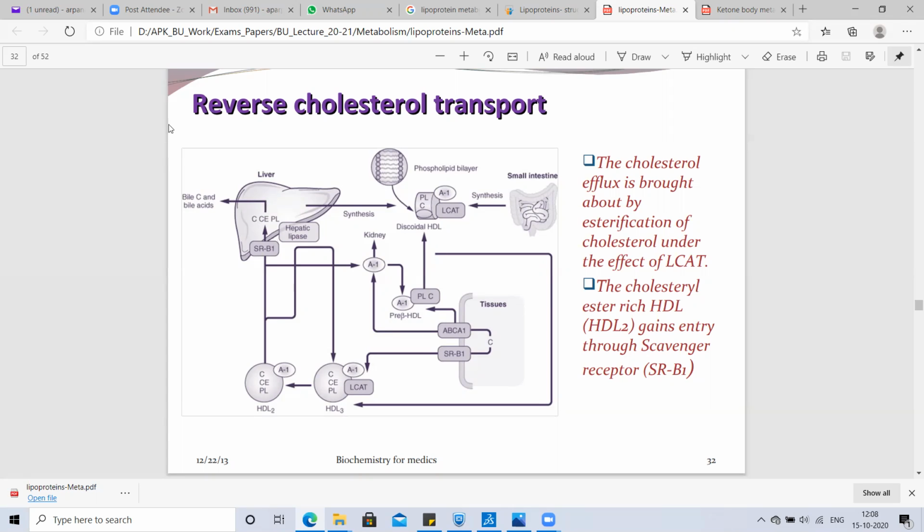And if HDL concentration decreases in our body, then the liver gets accumulated with lipids, which causes fatty liver disorder. So for proper transportation or distribution of lipids from the liver to the other parts, HDL concentration is very important.